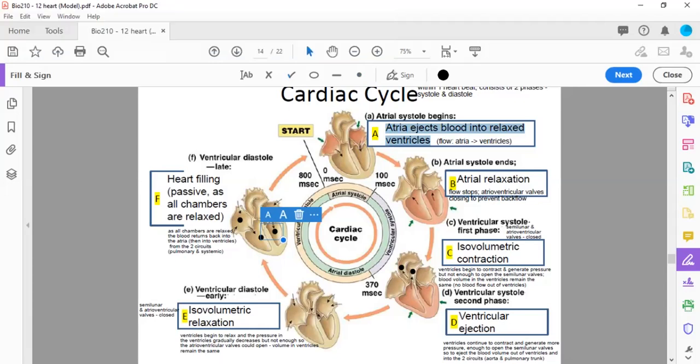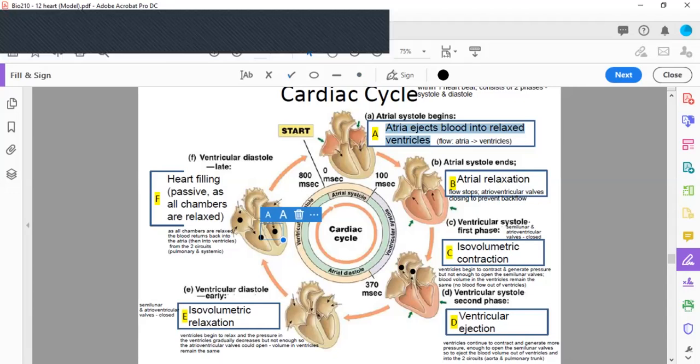So I'll put A here, B here, C, D, and so on, and then E and F. All right, any question on this?